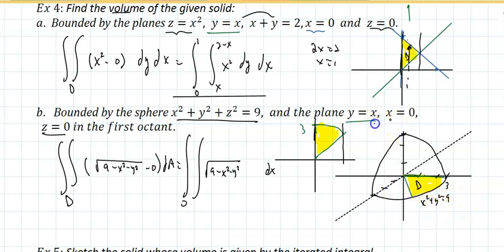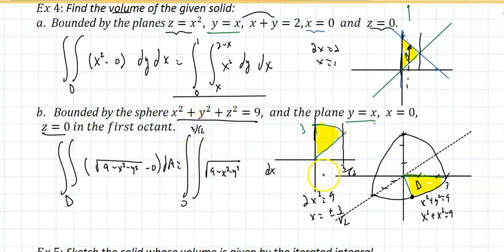But if y equals x, to figure out where that point happens, I could replace y by x. So I'll get 2x squared equals 9, x equals plus or minus 3 over radical 2. So this is 3 over radical 2.